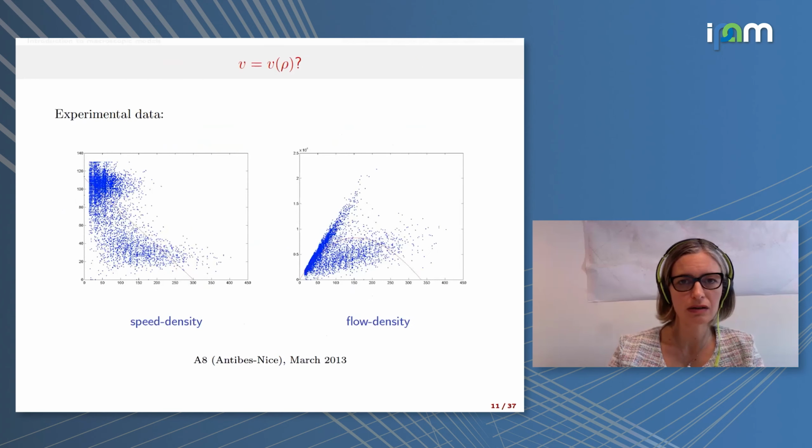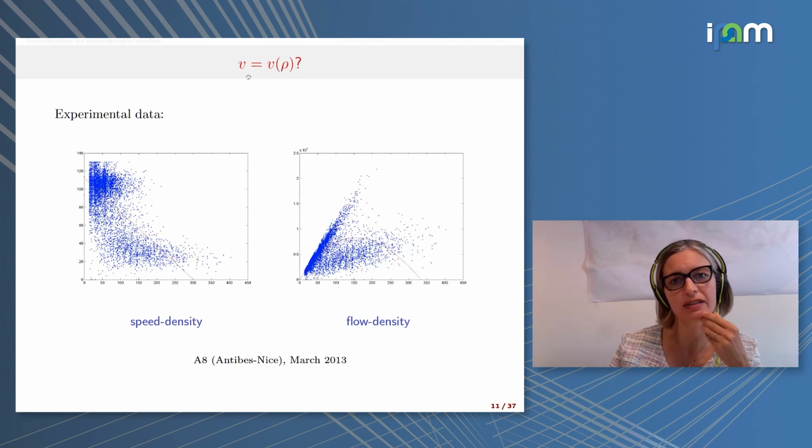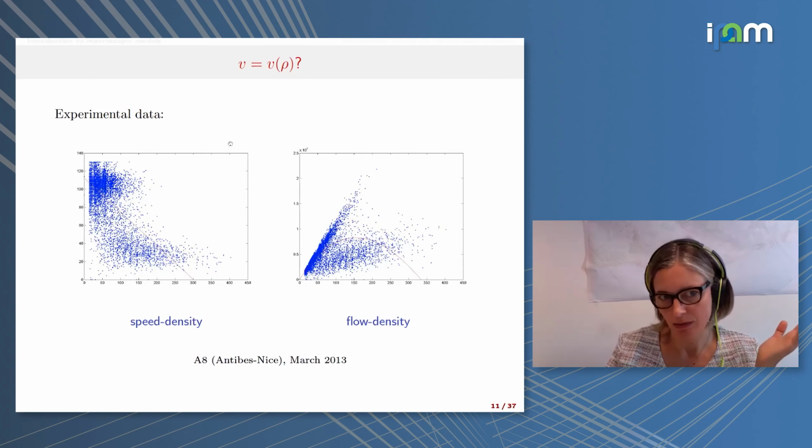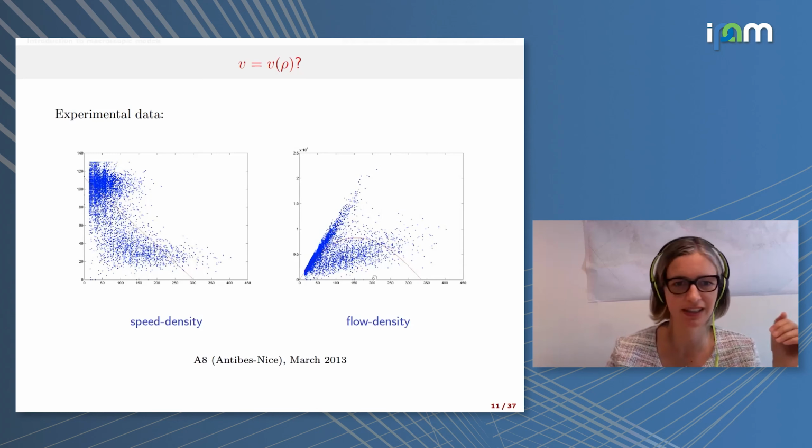Okay, so of course, as we saw before, looking at the real data fundamental diagram, the hypothesis that V is a function of rho is a strongly simplifying assumption. I mean, we are asking to interpolate this cloud of points with a line.